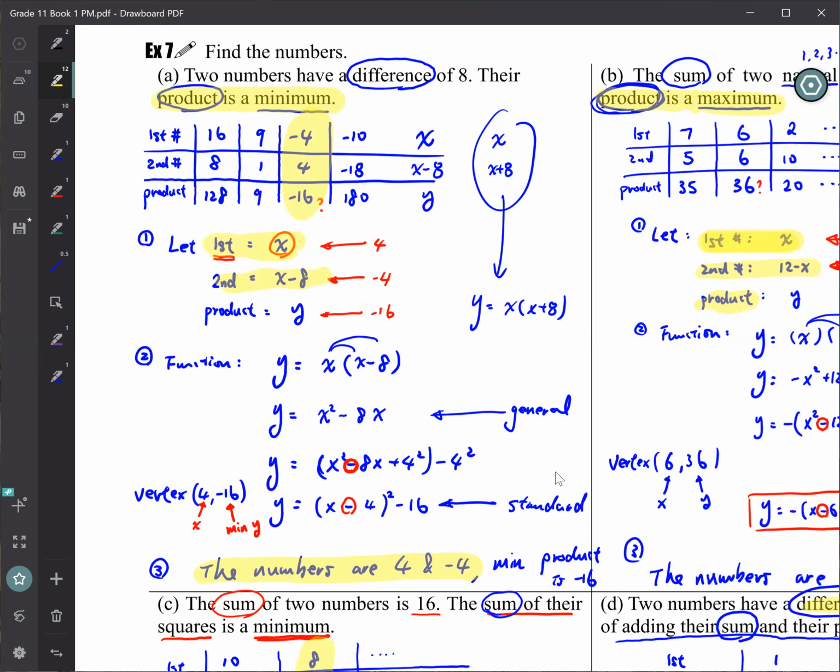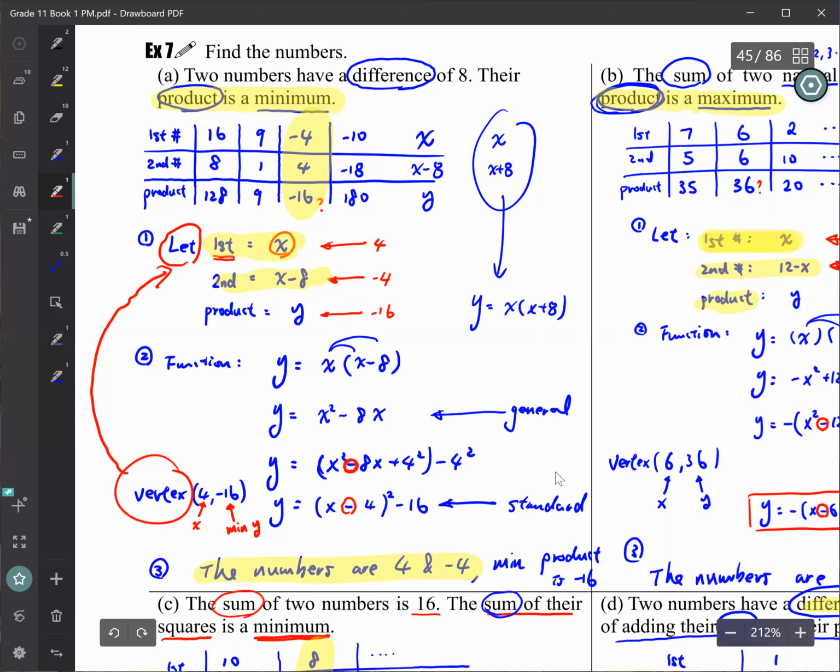When you get the vertex, you always go back to the last statement to find the two numbers. Inside the vertex, what's the x value? 4. 4, right? So 4 will be your first number.